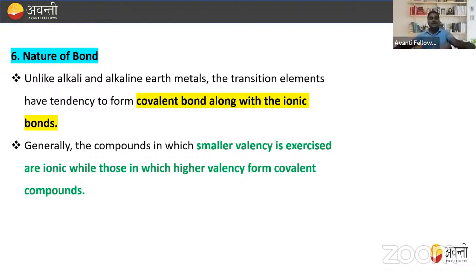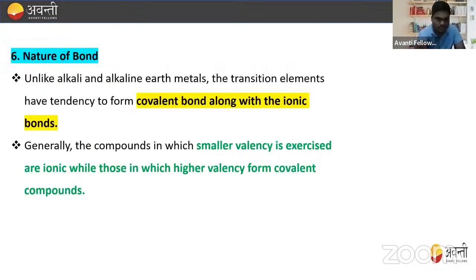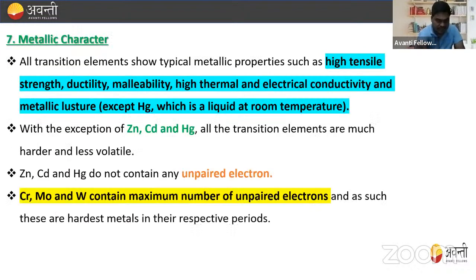Generally, the compounds in which the smaller valency is exercised are ionic, while those in which the higher valency is exercised form covalent compounds. So this is all about the nature of bond they form.